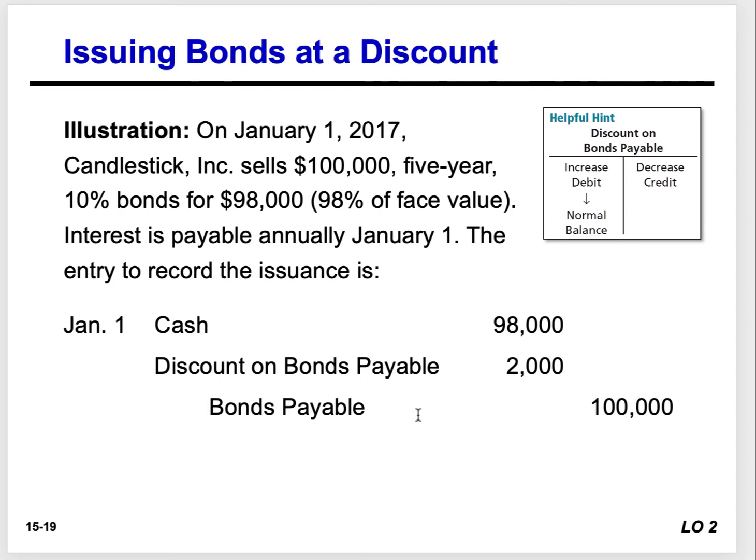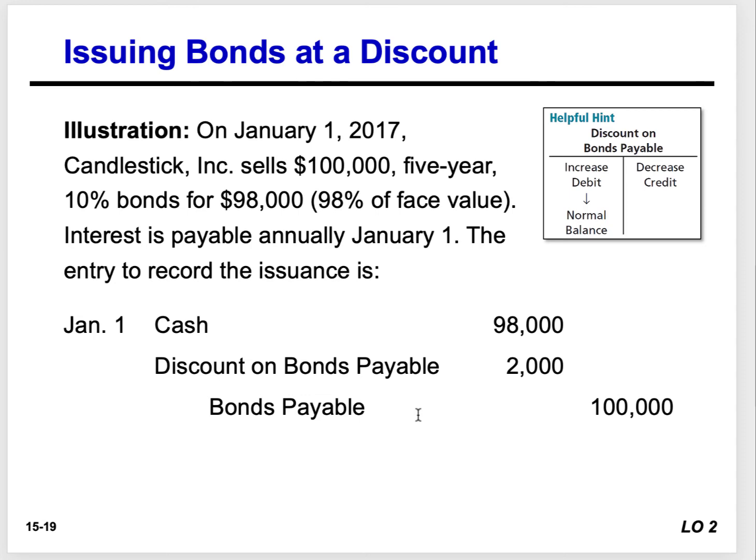The entry to record the issuance: in my notes, I would have issuing a bond at a discount. I debit cash for $98,000, the amount of cash I receive. If you're getting confused, ask yourself this question: how much cash am I getting? Well, I'm getting $98,000. Boom. That is what we record, however much we're receiving in cash.